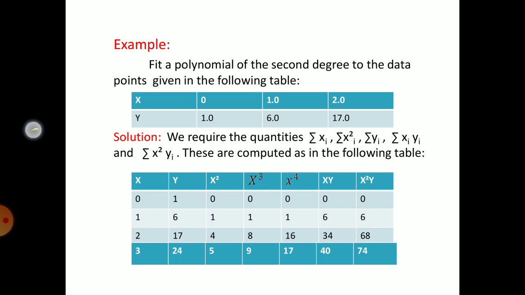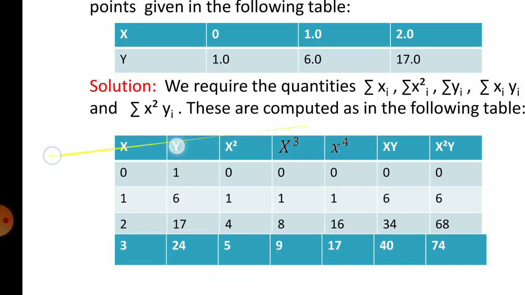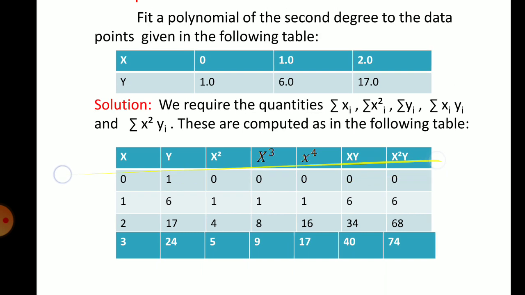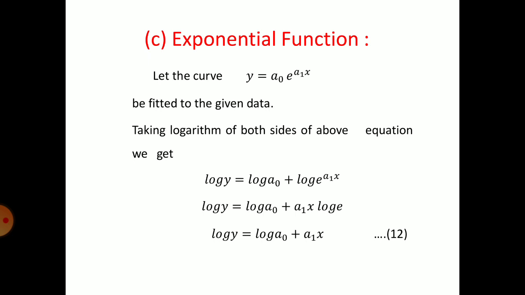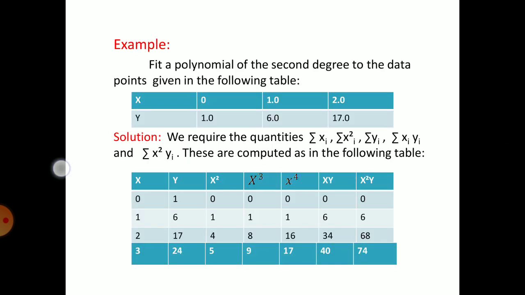To construct the normal equations, we shall consider this table. These are the values of x given to you, these are the values of y. Then we require the value of x square, that means take the square of the first column. Then we require x cube, take the cube of the first column. Similarly, we can obtain x4, then x into y and x square y.